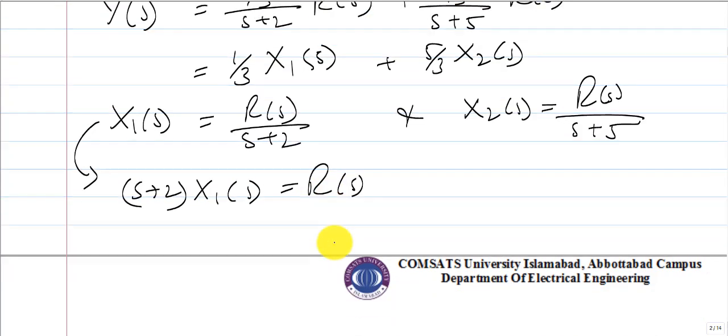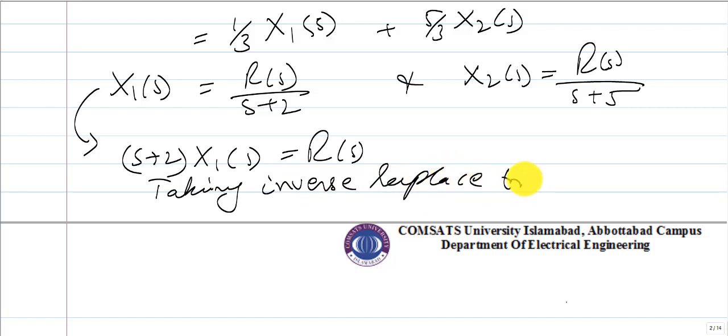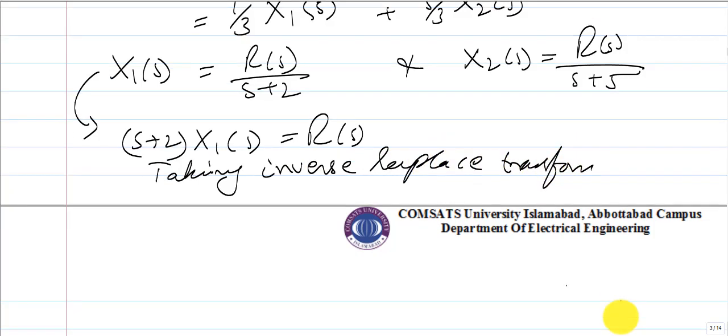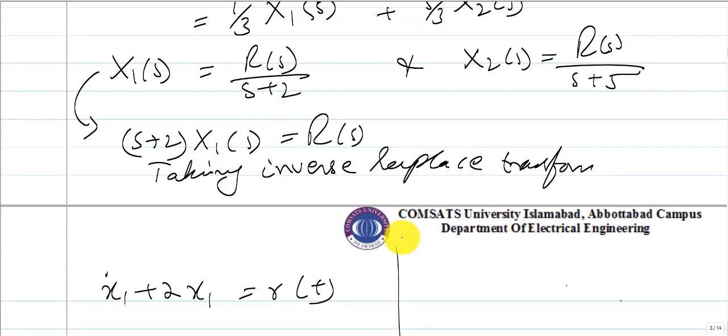Now taking the inverse Laplace transform, we get x1 dot + 2x1 = r(t). Similarly for the other equation, (s + 5) X2(s) = R(s).